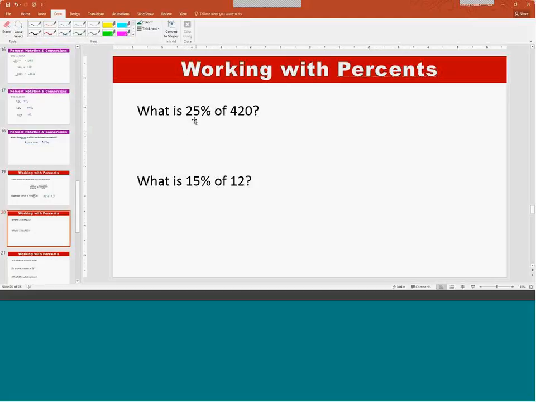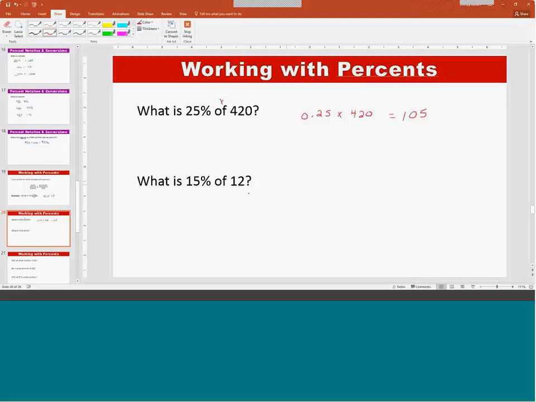Very similar. We're just going to use the multiplication. What is 25% of, or times, 420? That's just changing the percent into a decimal and multiplying that times 420, and that would give me 105.